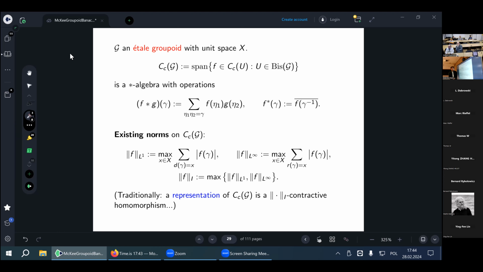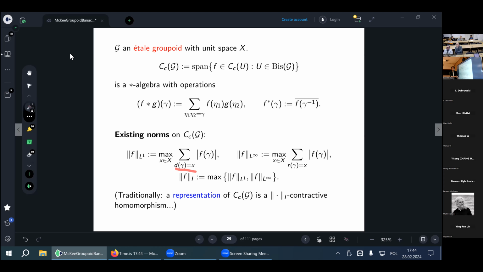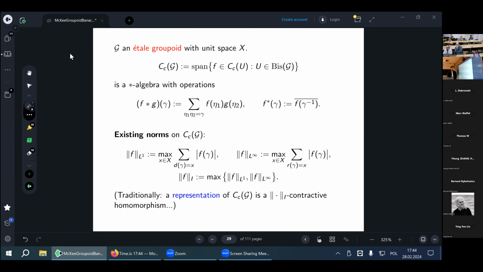But here there's no canonical thing to do, so we could choose this norm, which comes from the domain map, or we could use the range map. And this was Hans' definition, to just take the maximum of the two.